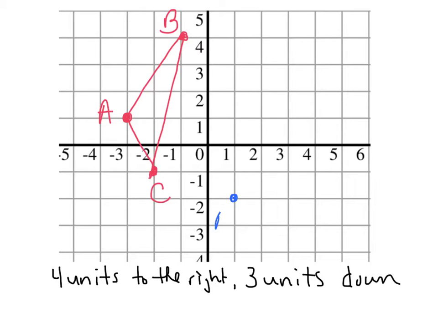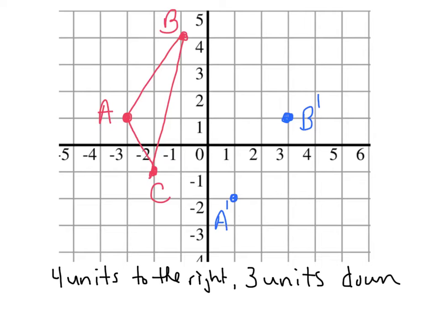And we're going to name this A prime. The new image is always called A prime. Now I'm going to do B. 4 units to the right, 1, 2, 3, 4, 3 units down, 1, 2, 3. So the new ordered pair is going to be 3, 1. And I'm going to label this B prime.